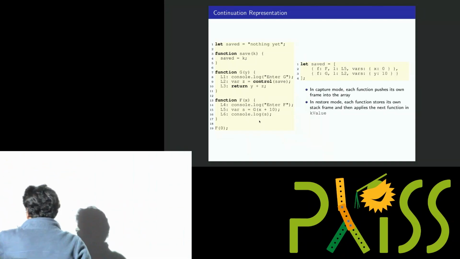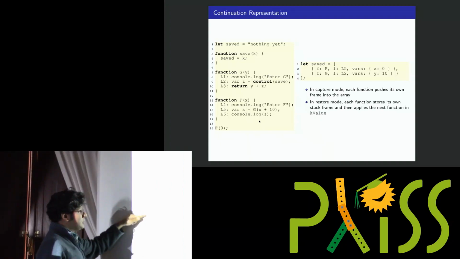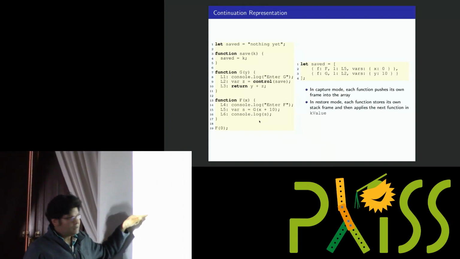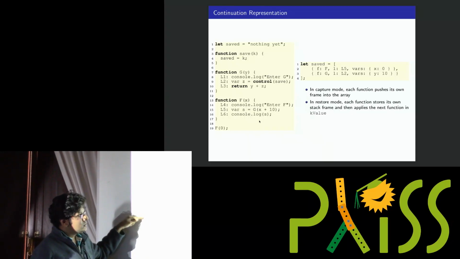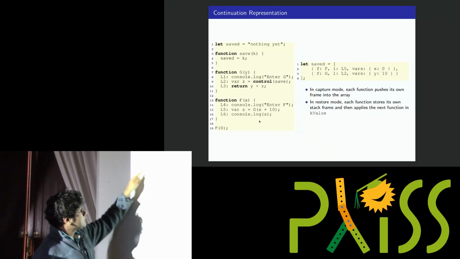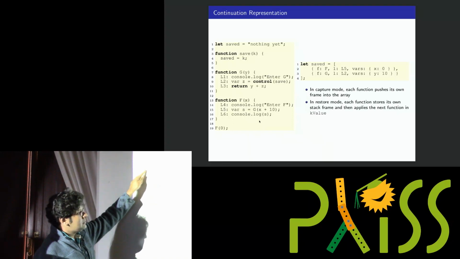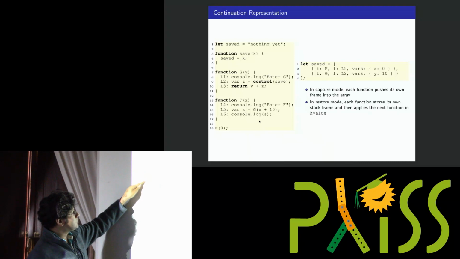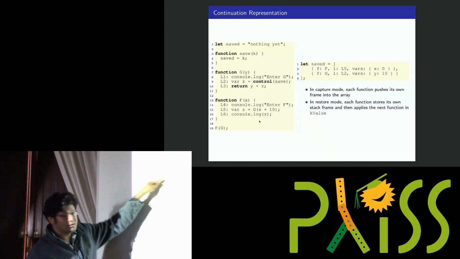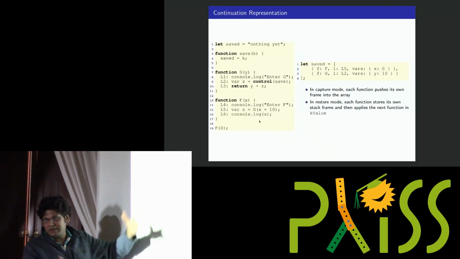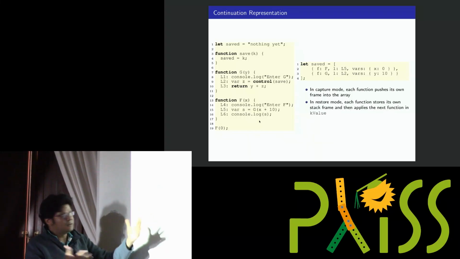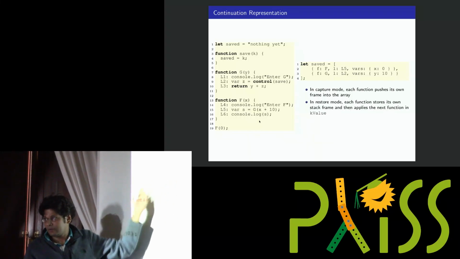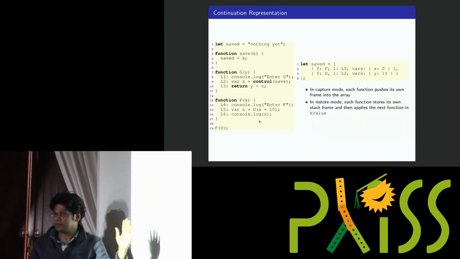But we jump to line 5, skipping over the console.log. Then we enter the function g with 10 as the argument, and we jump to line 2, skipping over that console.log. And at that point, whatever argument the continuation was applied to, that's the value that we use for z.